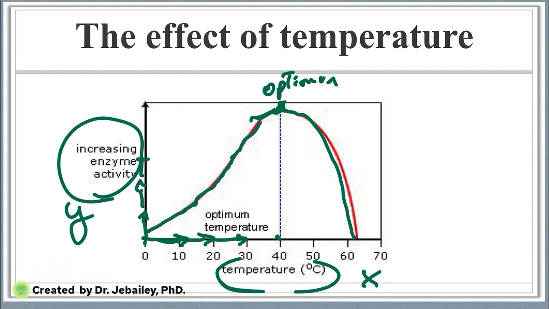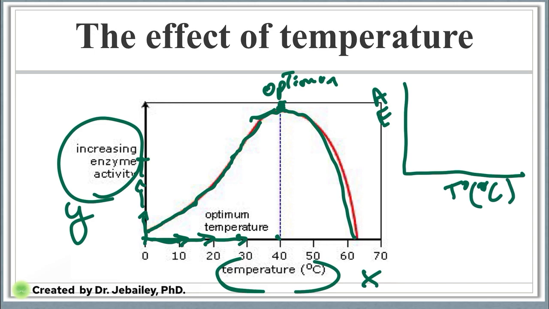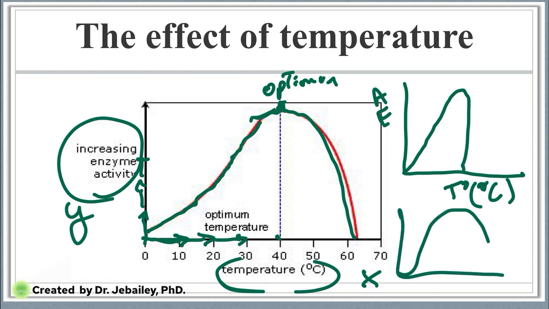It's denaturing the enzyme. So if you had to graph this in a test, of course you put the activity of the enzyme here, and you put the temperature right here, and then the most important, put of course the units, and then you have to make it look like they're going like this, and then you have a sudden drop. If you draw a graph that makes a mountain, you're not going to get the points, because it's not like it's slowly increasing and then slowly decreasing. That's not true.